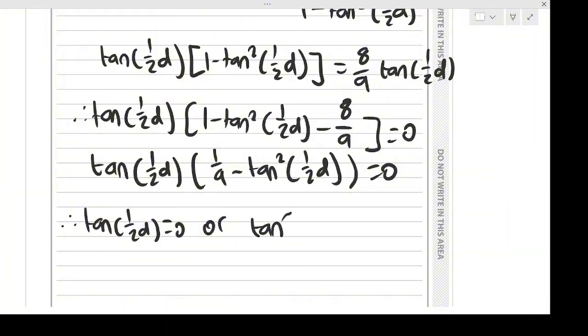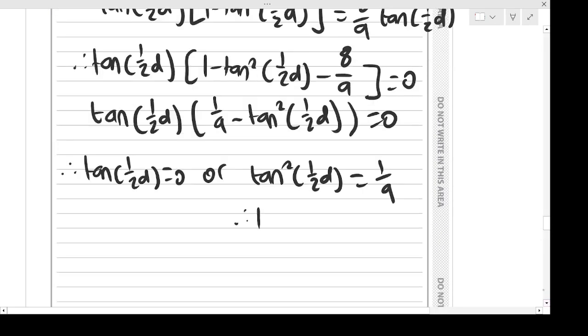So that means tan squared of a half alpha is 1 over 9. Okay, and so if I root that, I therefore get that tan of a half alpha is either positive 1/3, right? If we root 1 over 9, we get 1 over 3, or we get the negative 1 over 3, right? If we do the negative root.